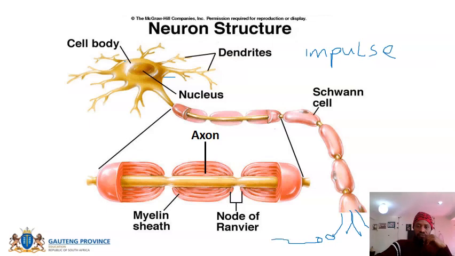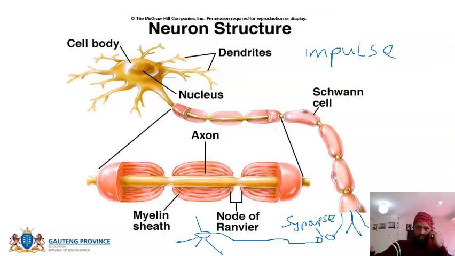That's another neuron that's making contact with my first neuron. And this space here is what we call a synapse. We'll see what happens at the level of the synapse in detail as we move on in other sections.